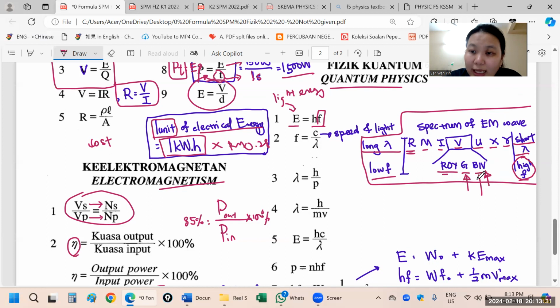Or blue has higher light energy than green light. So E equals to hf. Then because this is wave and all of them has wave speed, actually this formula comes from the wave. The wave say v equals to f lambda. So now c equals to f lambda. Then you rearrange it, you'll find out f equals to c over lambda. Okay.